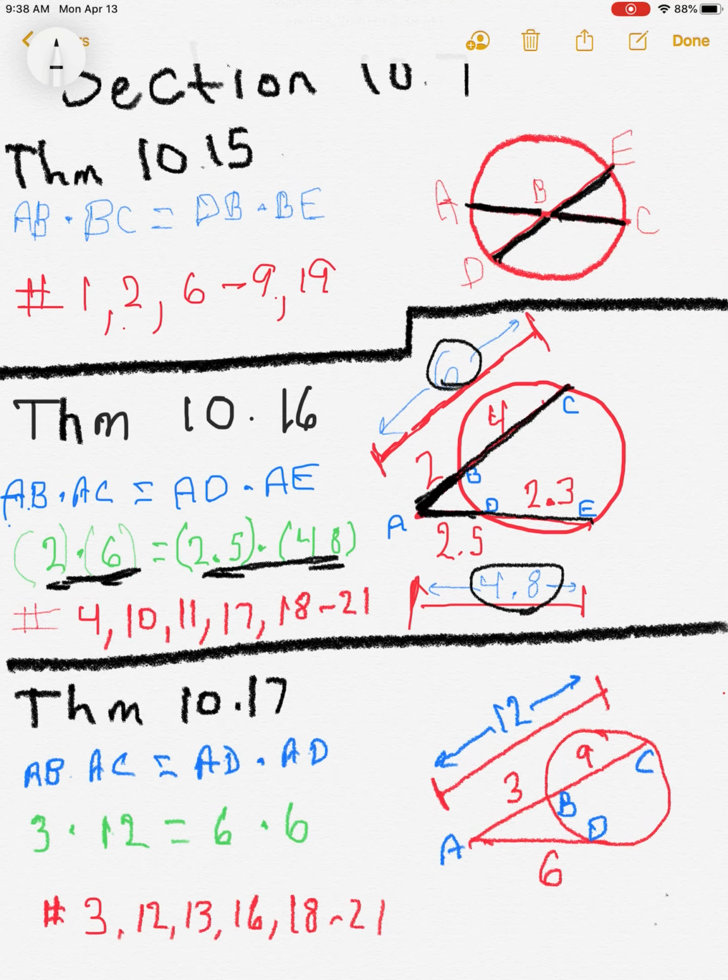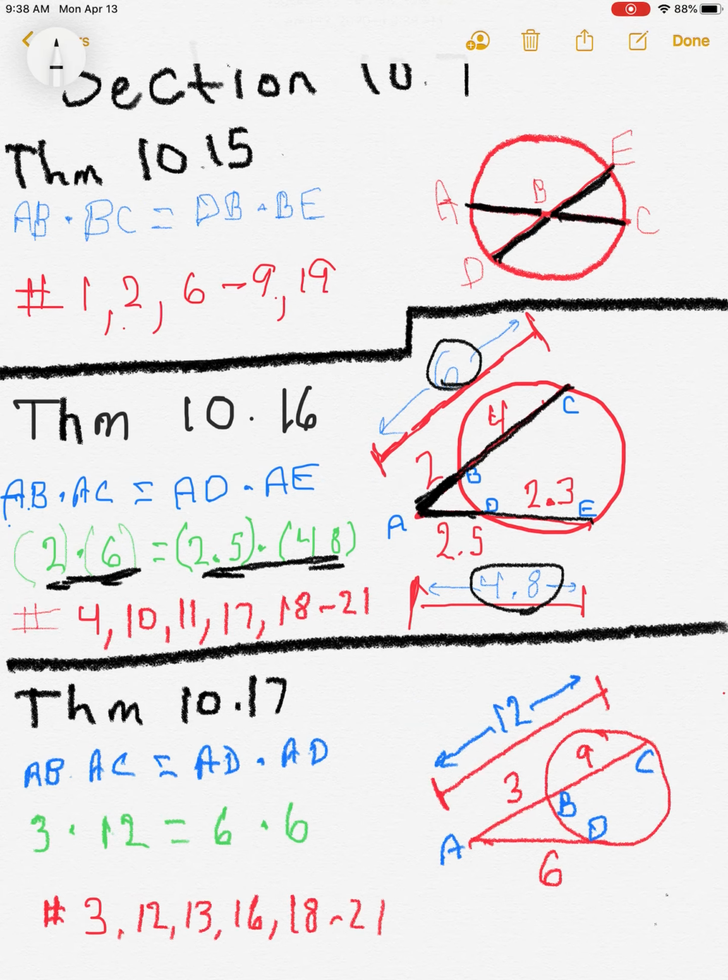Let's apply that to problem number 4. AC times AE equals AB times AD. In other words, 7.5 times the sum of 7.5 and 4.5, which is 12. 7.5 times 12 equals 5 times 5 plus x.